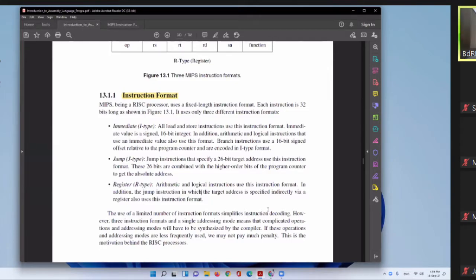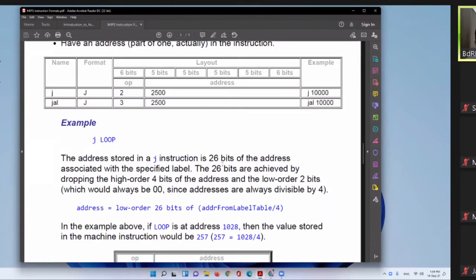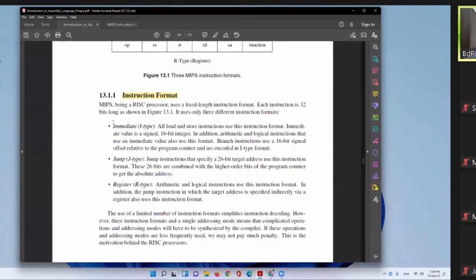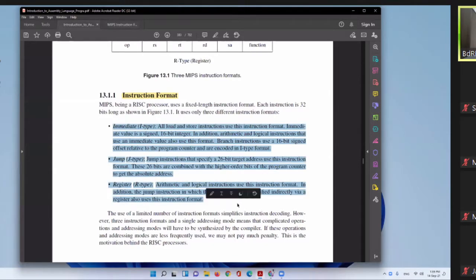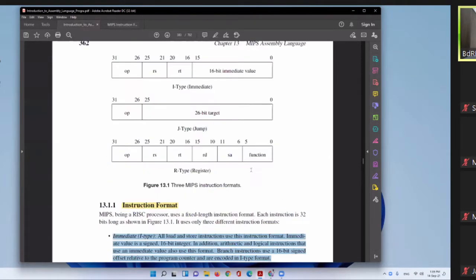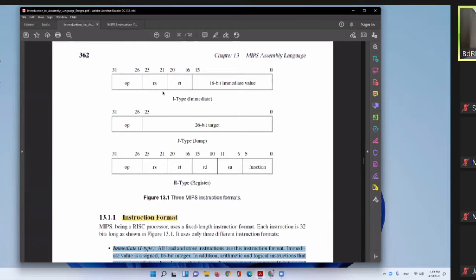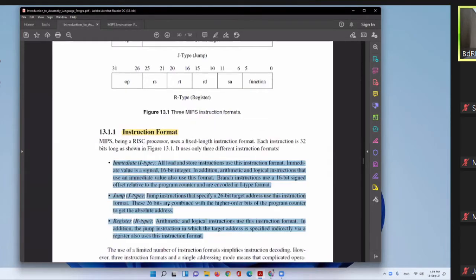You can see thousands of pages where they will show you. That's how I found this one, by the way, by Googling it. Because I was really not happy with the way they have described it here, very, very short. They have written rs, rt, rd, shamt, funct. What does that mean? They have not discussed it here.